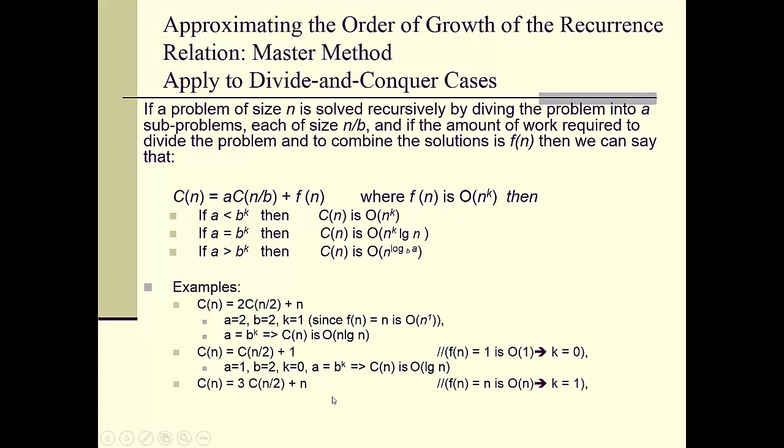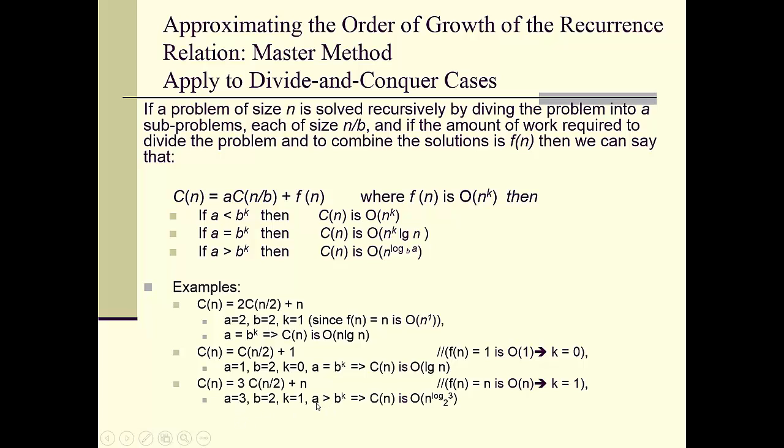If we look at the third example, where C of n is equal to 3 C of n over 2 plus n, in this case a is equal to 3, b is equal to 2, and f of n is equal to n, which is O of n, which makes k equal to 1.